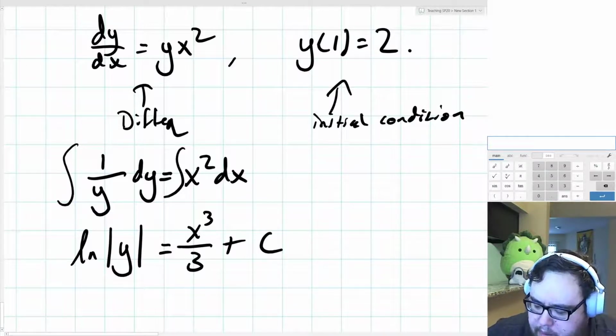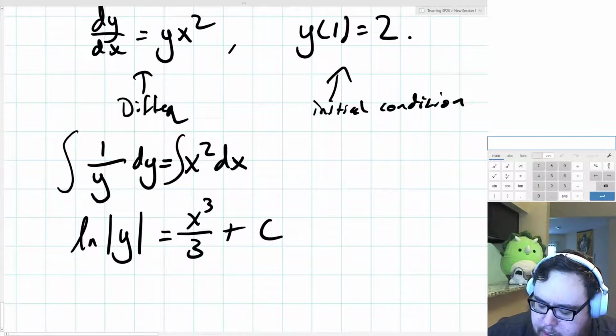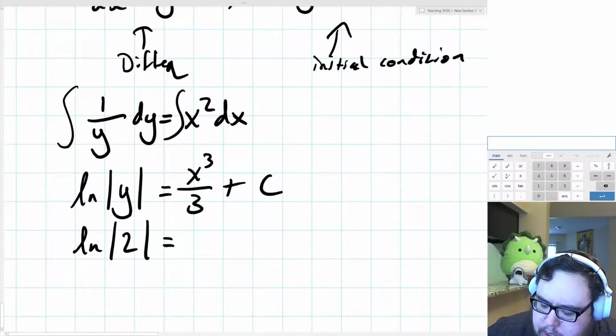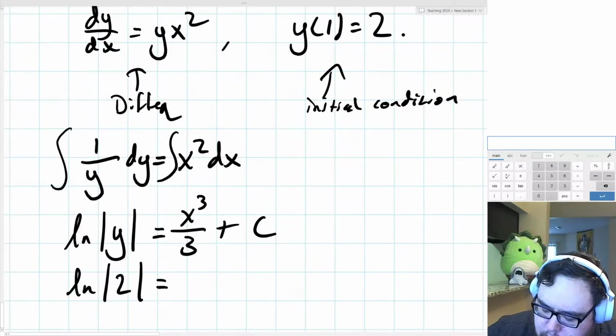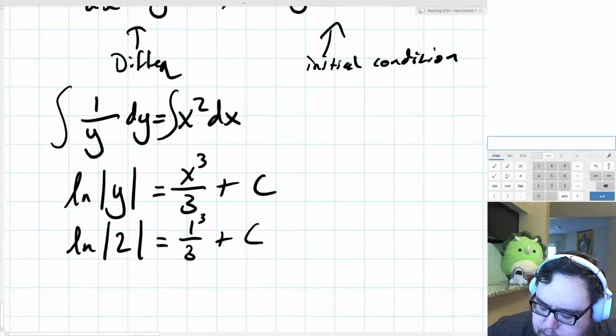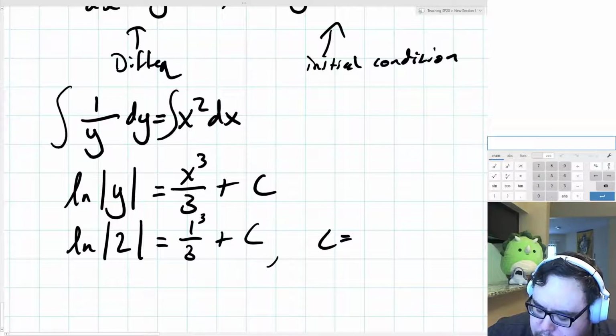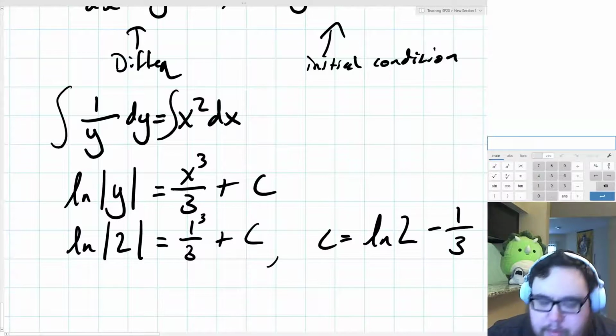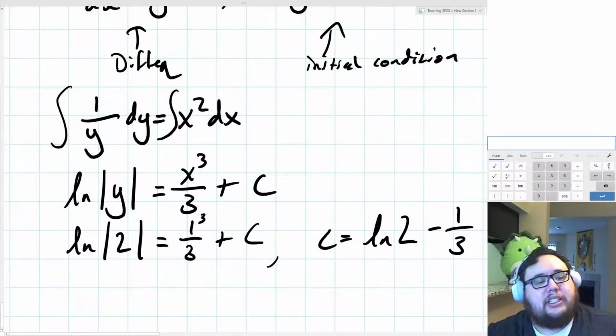So that means that ln of 2 is equal to 1 cubed over 3 plus c. Or in other words, c is equal to the natural log of 2 minus 1/3. So we actually have a value for c here.